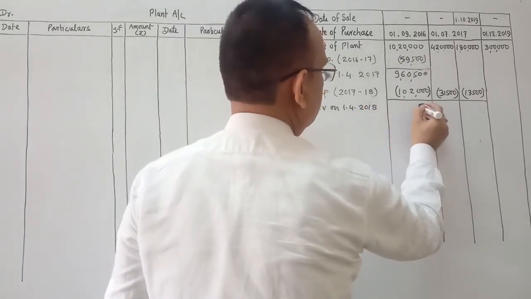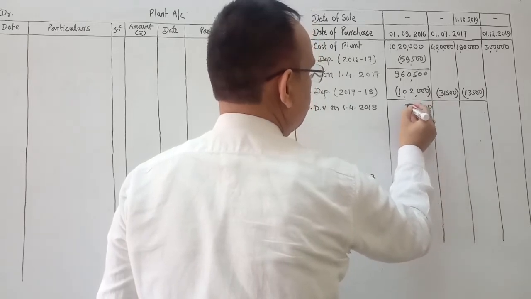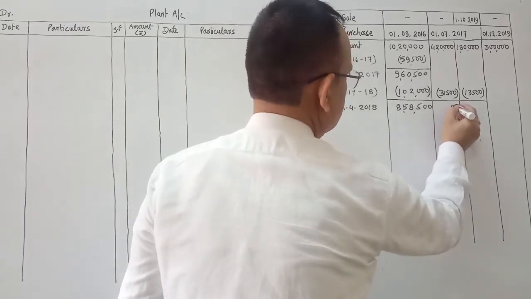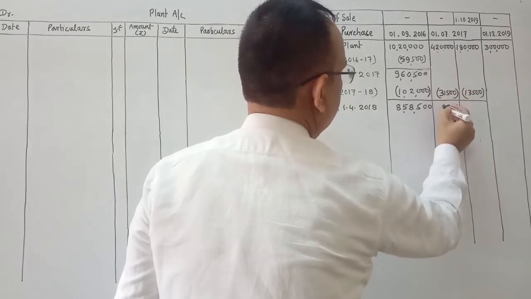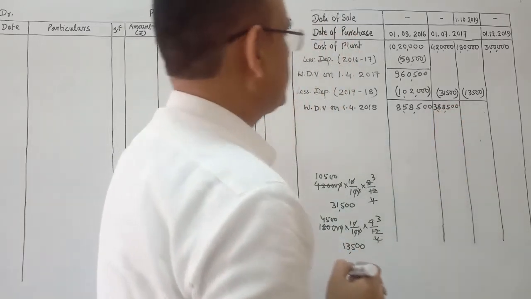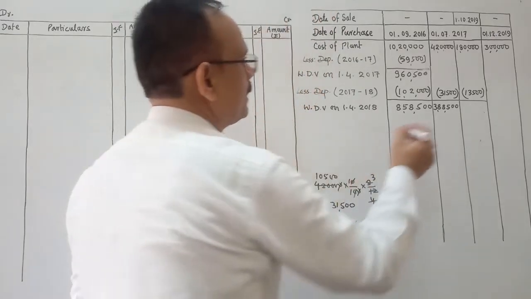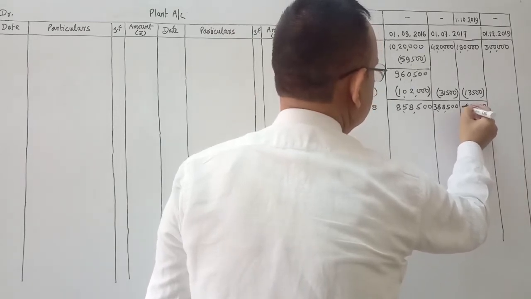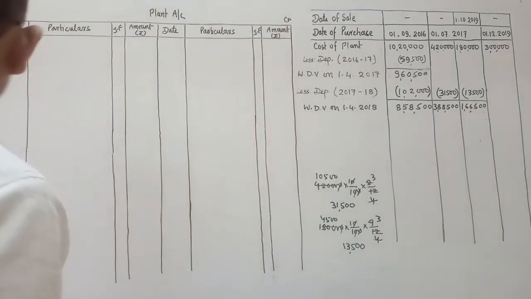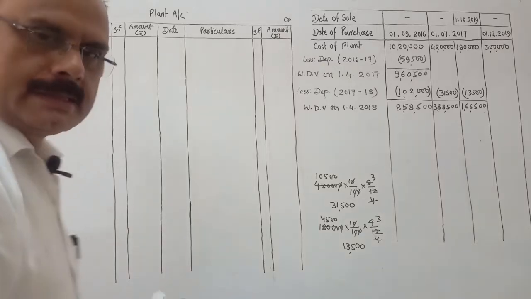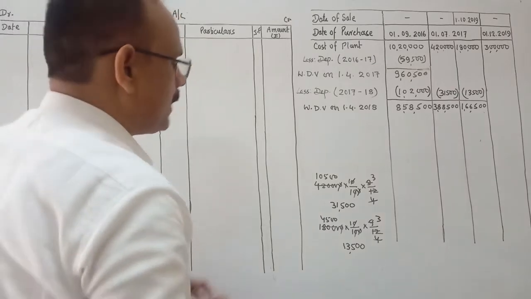Written down value on 1st April 2018: 8,58,000, 3,88,500, and 1,66,500. Is it clear?